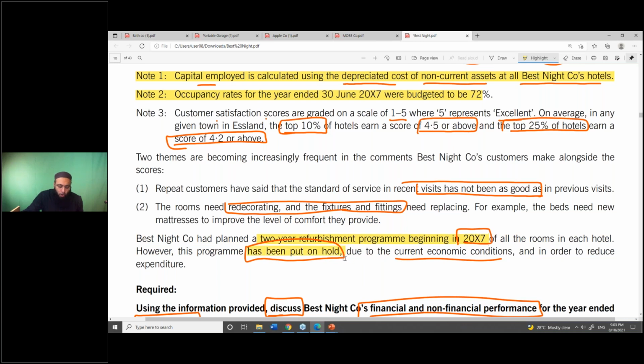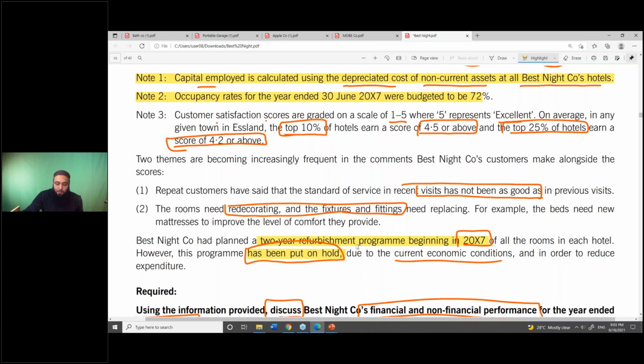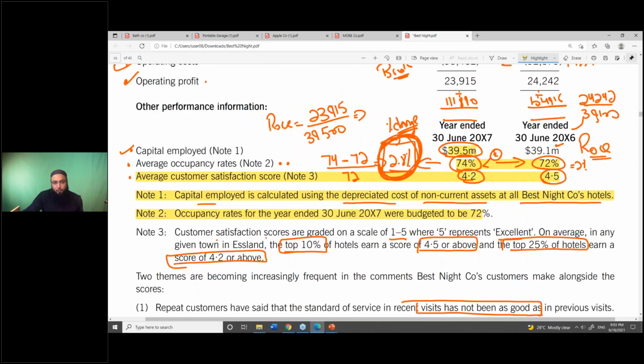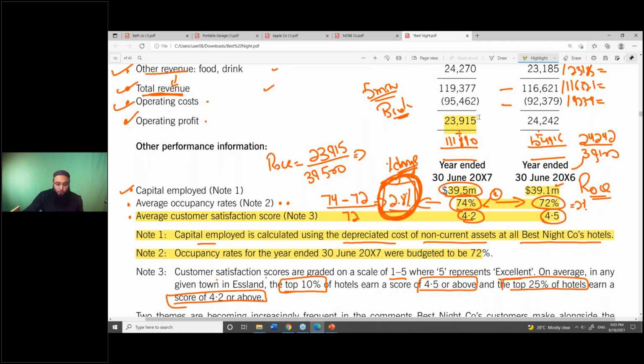Though you put that on hold, you started the refurbishment program, which means your capital employed has increased slightly because of that. And you can see the increase in capital employed. That's one reason: the investment that you have done, but you just put that on hold. So one reason for the ROCE decline is the increase in investment, and second, your operating profit has gone down. So there are two things to work out ROCE. It's the numerator, which is the profit that has gone down, and it's the denominator, which is the investment that has gone up.